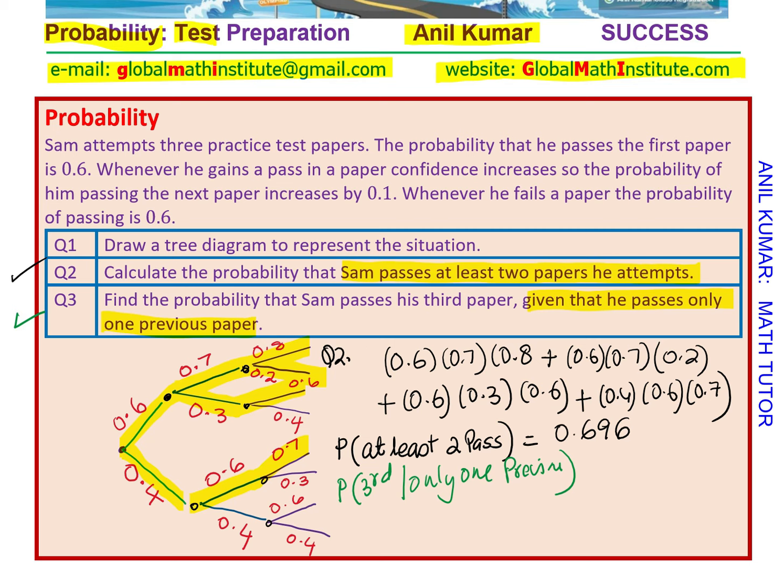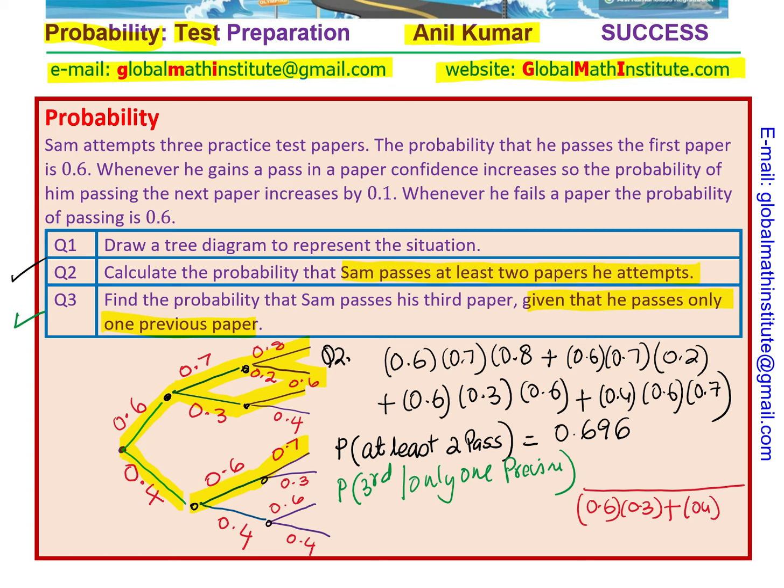That is to say, he first passes and then fails, right? So let's write down in the denominator what could be the conditions, right? So one condition could be he passes and then fails, which is 0.6 times 0.3 plus the other one is he fails and then passes, right?